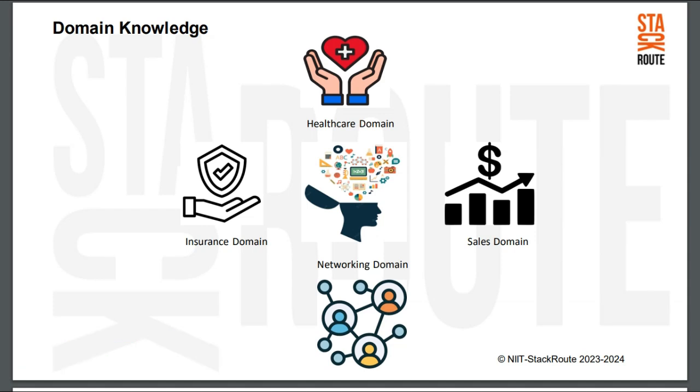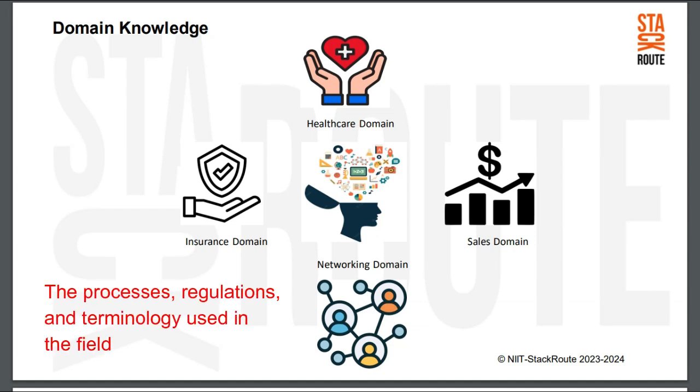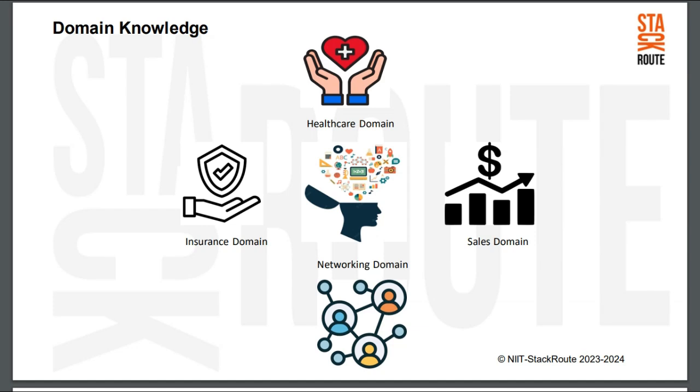In these domains, software developers need to have a deep understanding of the processes, regulations, and terminology used in the field in order to create software that accurately models and supports the work being done. So overall, having domain knowledge is critical for building software that is effective, efficient, and meets the needs of its users. So now let's see how we can gather domain knowledge in the field of insurance using ChatGPT.